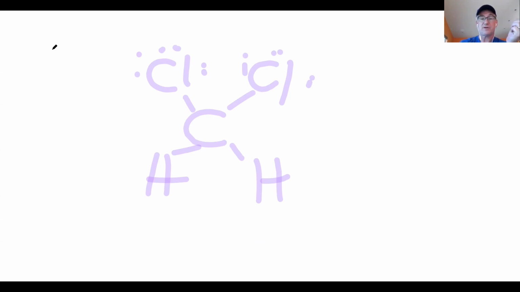So I have dipoles going in this direction toward the carbon, and dipoles going in this direction toward the chlorines. That is not a symmetrical molecule. So that is going to be polar, because if you add all the dipoles up, they're pointing in this direction. So you have a net dipole. That is going to be a polar molecule.